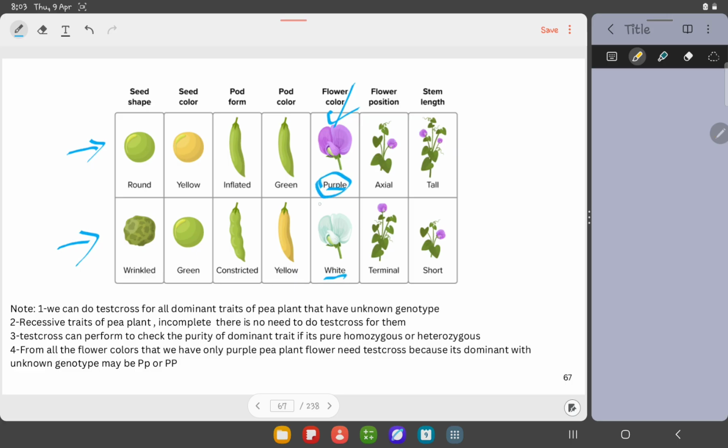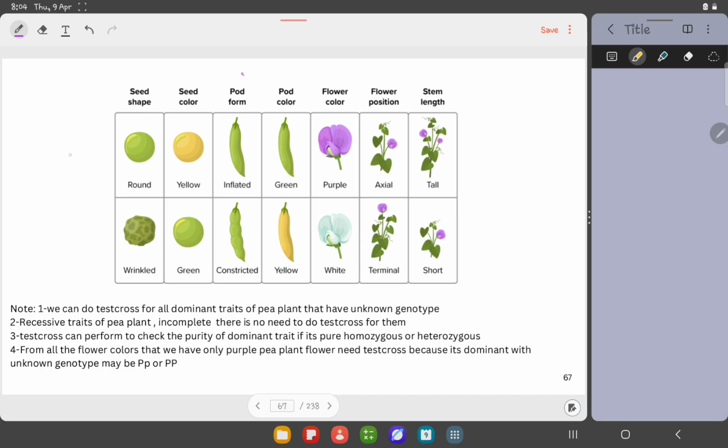For the purple, because it's the dominant phenotype, not the recessive, since the recessive we already know. Also for the round seed, we don't know if it's capital R capital R or capital R small r. At that time we do the test cross in order to know if it's homozygous or heterozygous.